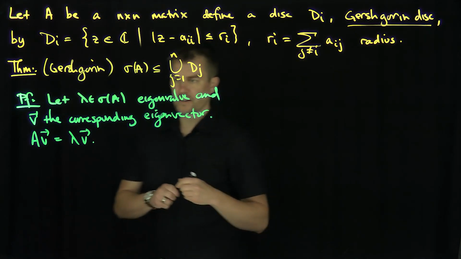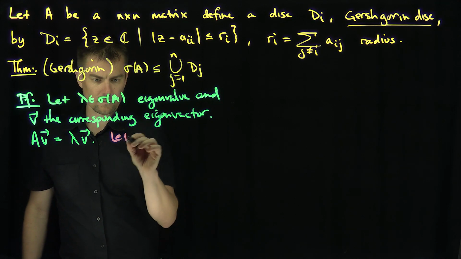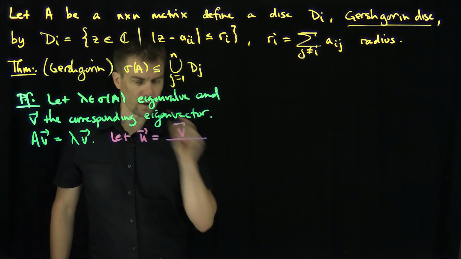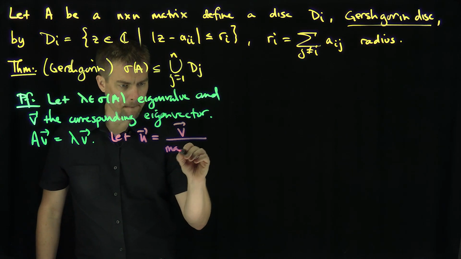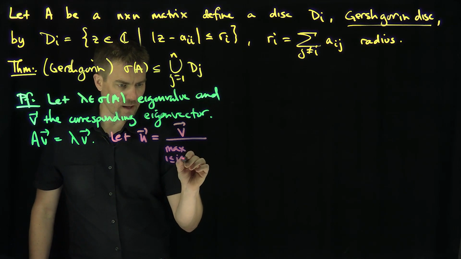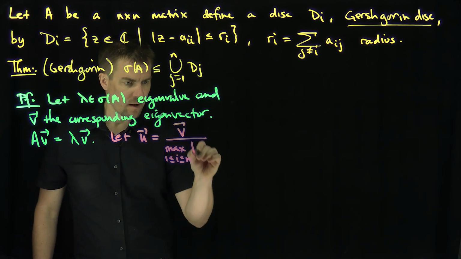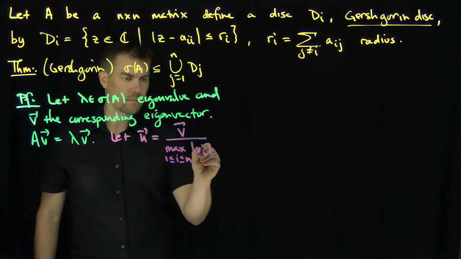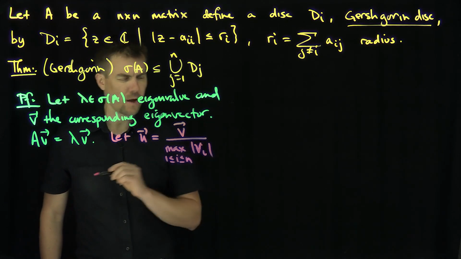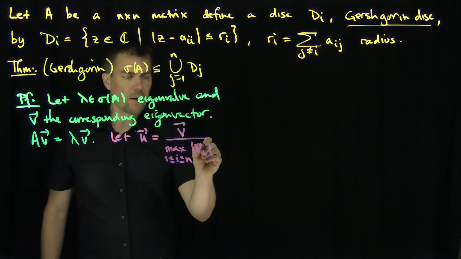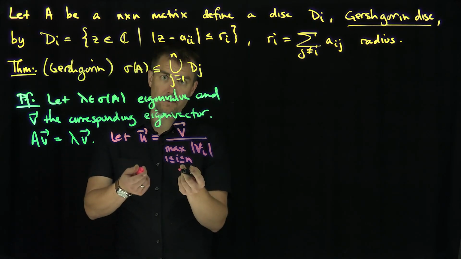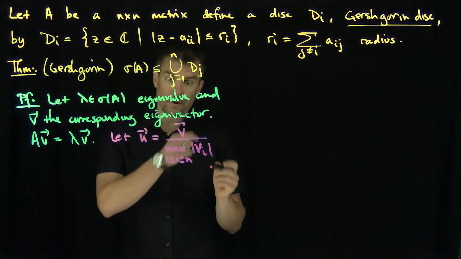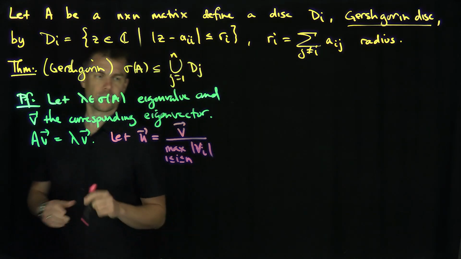Let u be v over the maximum over i between 1 and n of the absolute value of v_i, the ith component of that vector v. Of course, now the largest magnitude that u_i can have is going to be 1, because you're dividing by the maximum, or the L infinity norm.